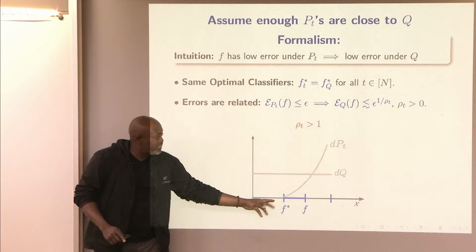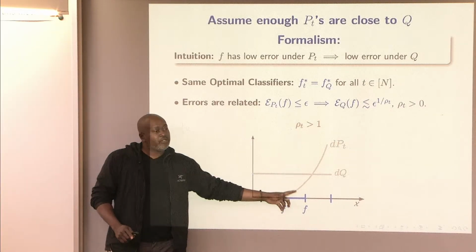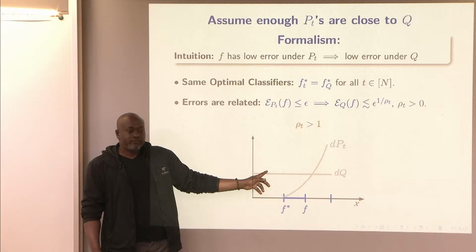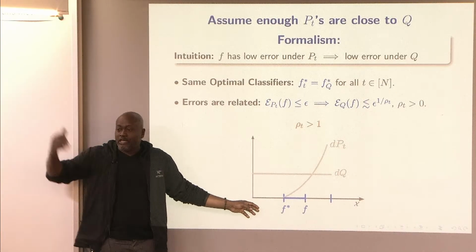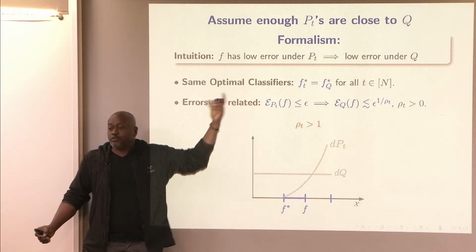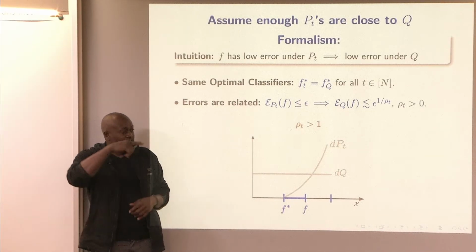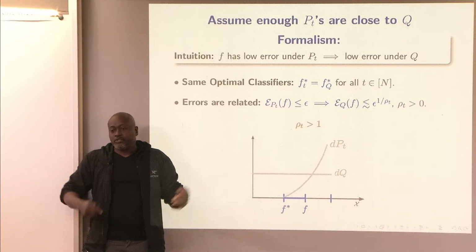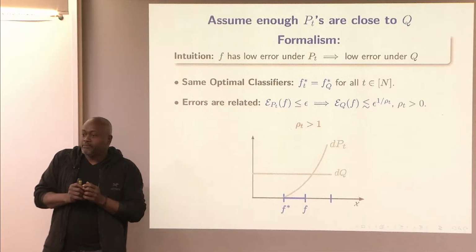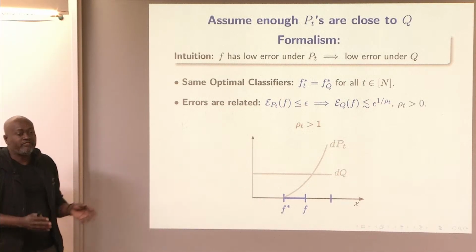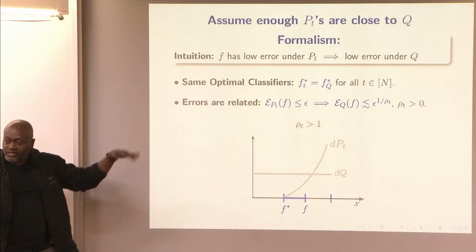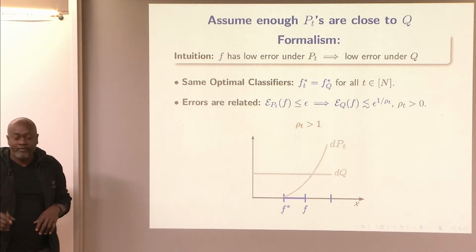The intuition is just that P now gives very little mass to the decision boundary compared to Q. Rho is large means P is very far from Q, the larger rho is. So every time you see large rho, P is far from Q; small rho equal to 1, P is close to Q. There could still be a distribution shift, but the distribution shift only changes the rate up to constant. That's all this parameterization is capturing.